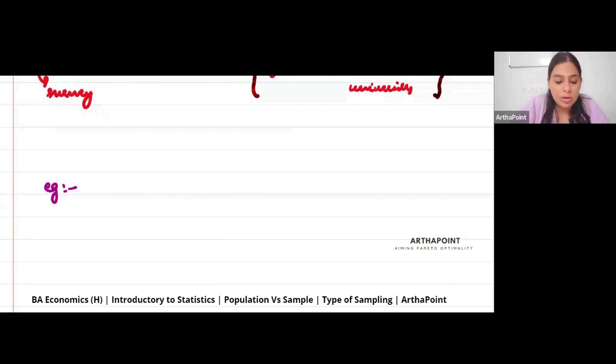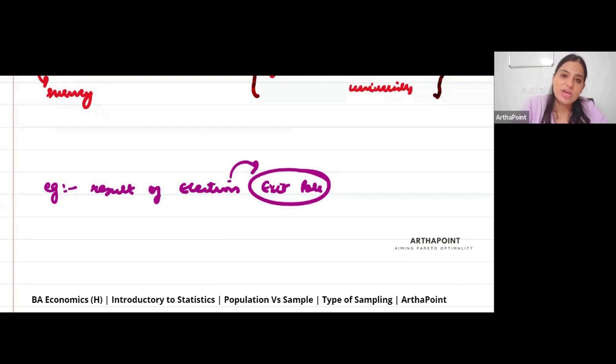Let's say I am talking about the result of the election. And before the result comes out, I want to do an exit poll. I want to understand which party is going to win, which party is going to lose. Now imagine millions of people giving their vote. I cannot ask every individual whom did you vote for. I can only ask a sample of people whom did you vote for and whom do you think would win? And I will bring my exit poll based on that.